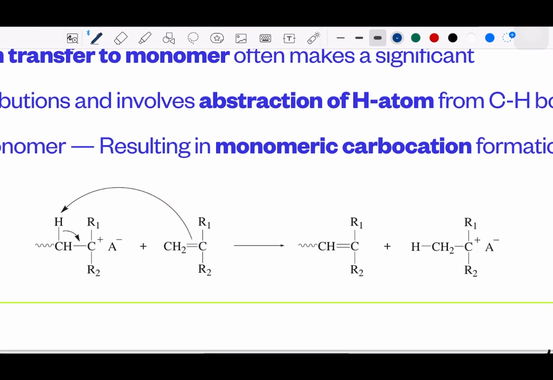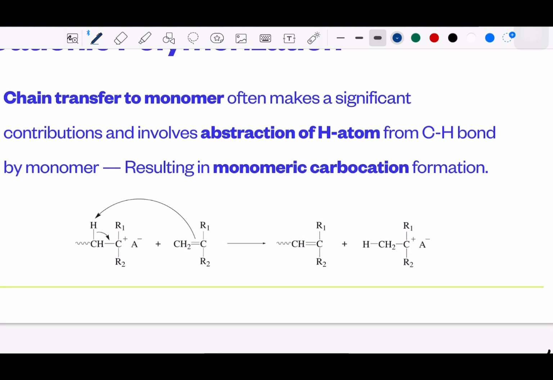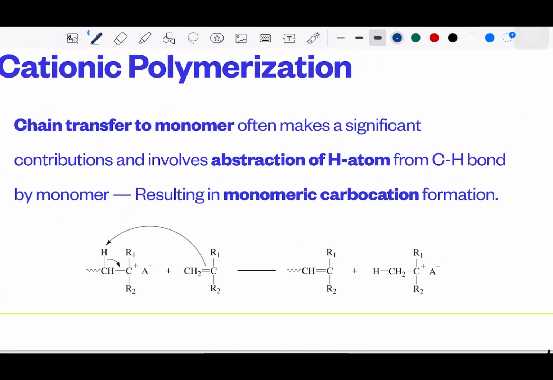So we get another active center. Basically, we transfer the active center to another monomer. So this can also happen. We can have a chain transfer to monomer.